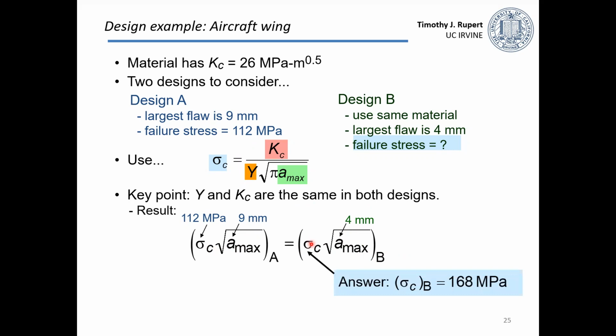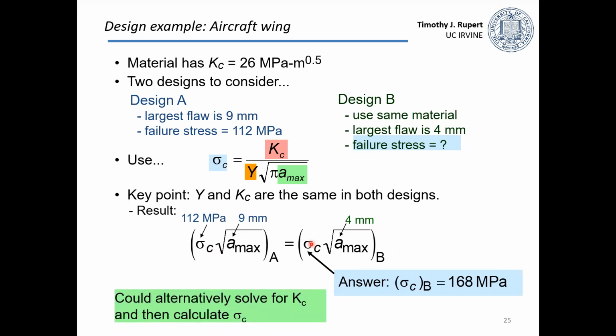We could go in and solve that, and this would be 168 megapascals. Now, there are different ways you could go about solving this. You could alternatively just take this equation, solve for K sub C, and then calculate what the critical stress is in 2 steps. That's reasonable as well.